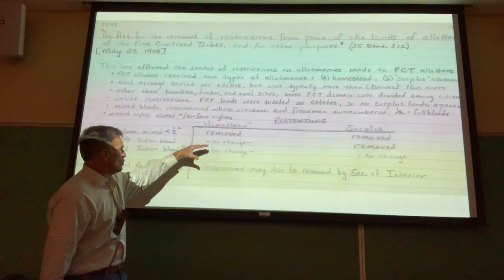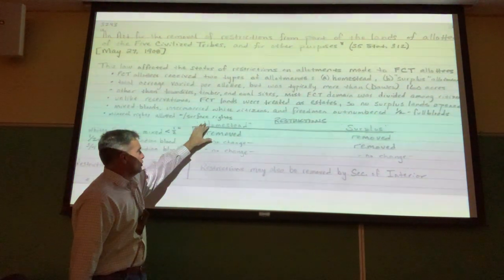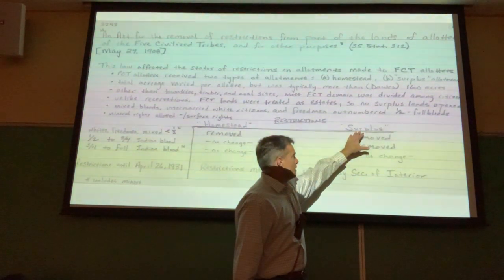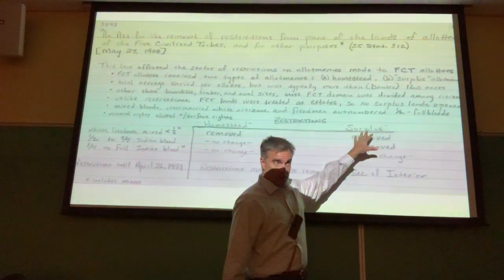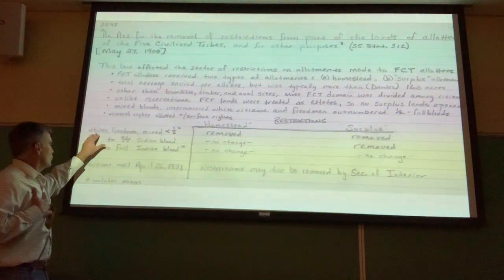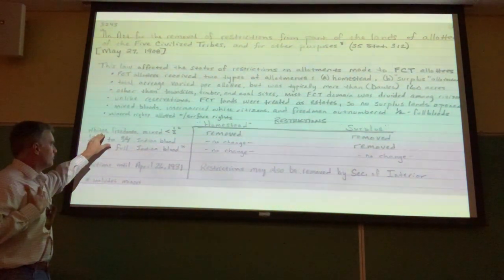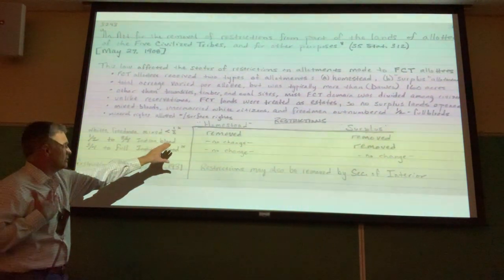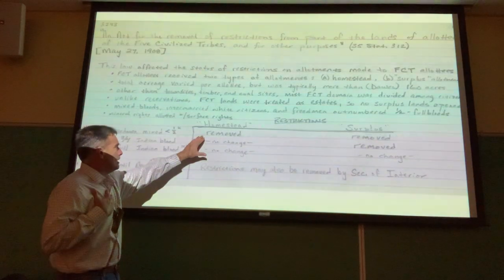So this is my horrible little table, but you had homestead allotments, and you had the surplus allotment. Remember that? So say for example, I'm an intermarried white who received an allotment because I'm married to a tribal citizen.